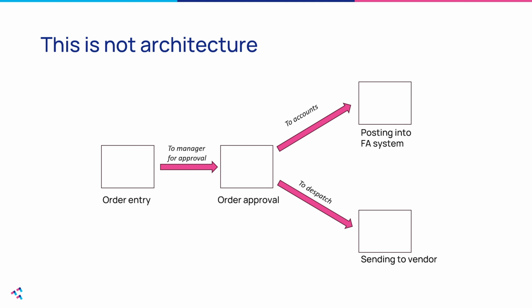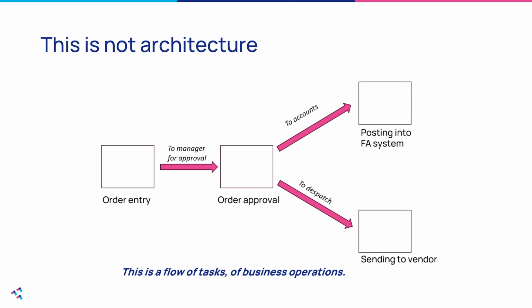The other direction in which the order flows is it goes to the vendor, because I'm placing an order on somebody, right? So that somebody is the vendor who will supply me the goods. So order entry followed by order approval, followed by going to accounts and going to the vendor. This is a picture which shows how a business operation is performed, how something is done from one step to the next. This is not architecture. This is a flow of tasks.